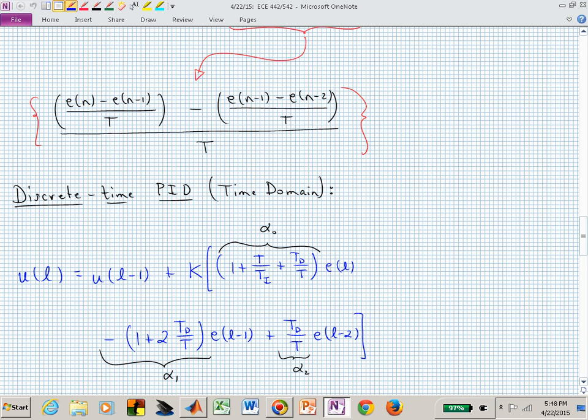This is now the same equation that I had introduced or simply wrote down earlier in the lecture. Here's now how that falls out.